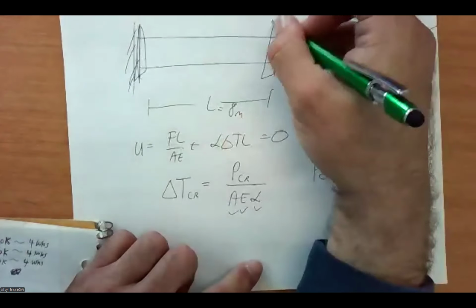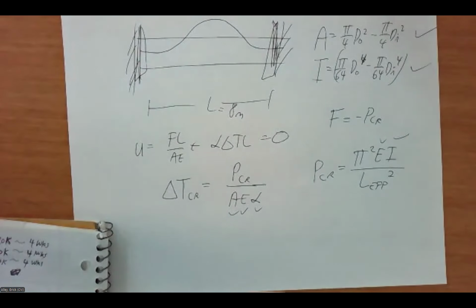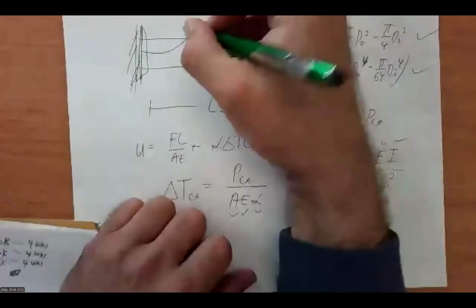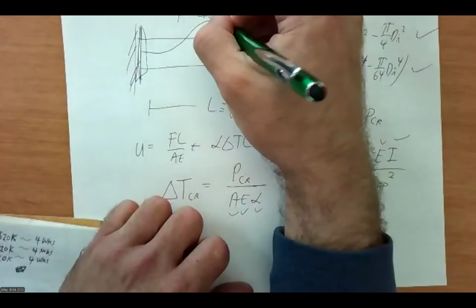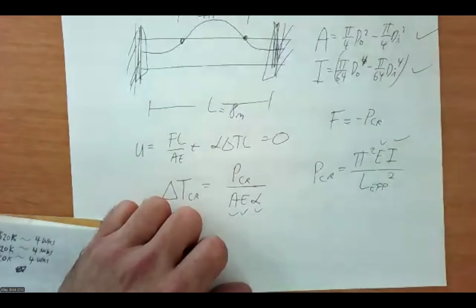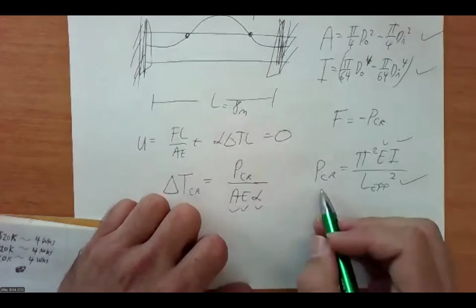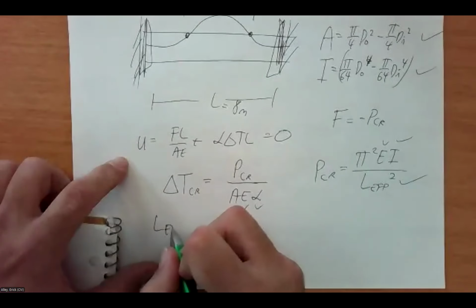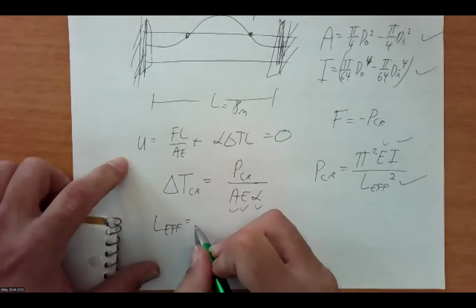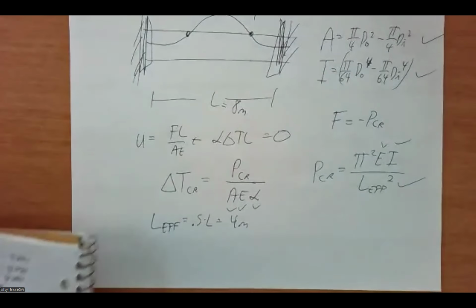And I can see that on a fixed case, I get a cosine type shape, 1 minus cosine type shape. My L effective then is going to be half of L from one inflection point to the other. So I got my L effective as well. All right. So L effective is going to be 0.5 times L, which is going to give me 4 meters.